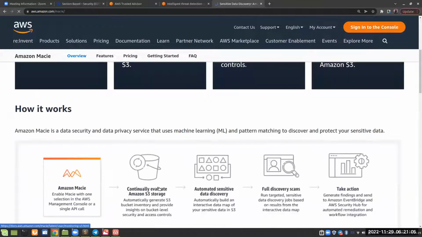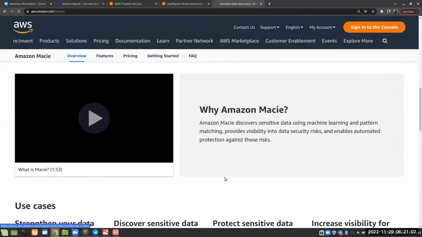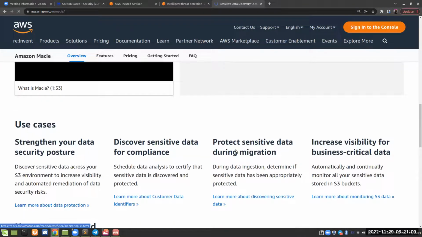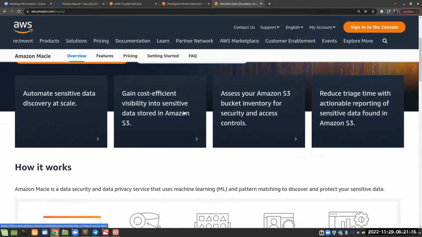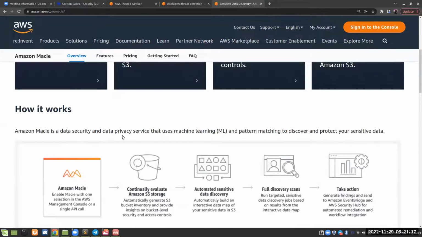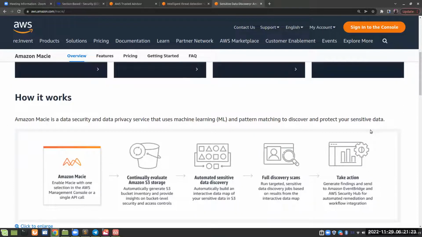Discover and protect your sensitive data at scale, right? It is a data security and data privacy service that uses machine learning and pattern matching to discover and protect your sensitive data. And what I was talking about, in some questions, they'll always put this personal identifiable information. They will always refer to it as PII, sensitive information.